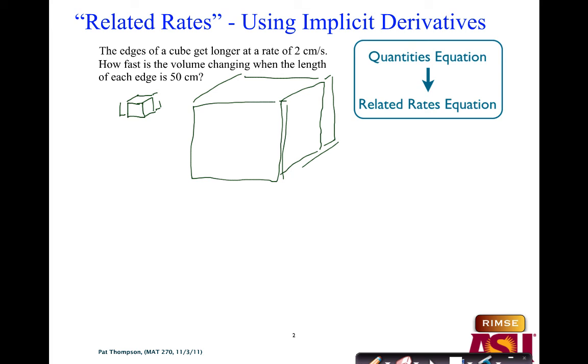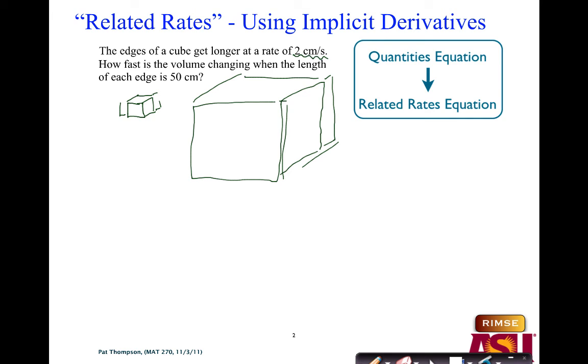So it's a larger increase in volume when my cube is larger than when my cube is smaller, even though I'm adding the same amount every second in terms of how much larger the edges are getting. So although the edge length is increasing at the same rate all the time, the volume is going to be increasing more and more quickly, relative to time, but also relative to the number of centimeters of edge length that we've added on.